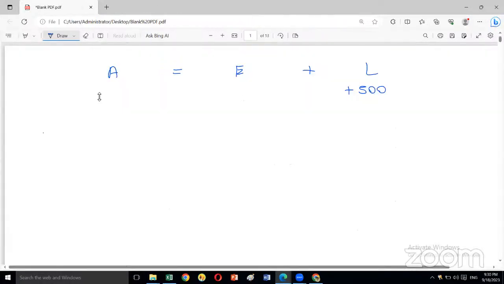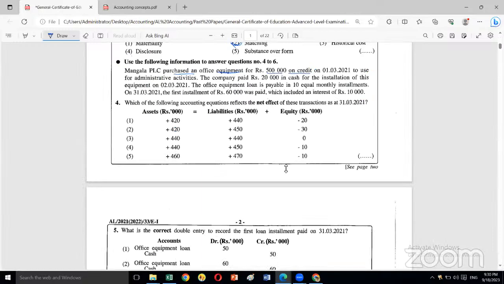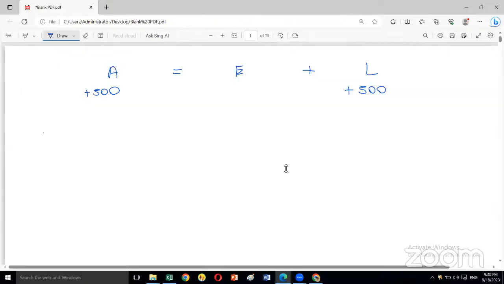So the equipment asset increases by 500,000. This question is a little tricky.